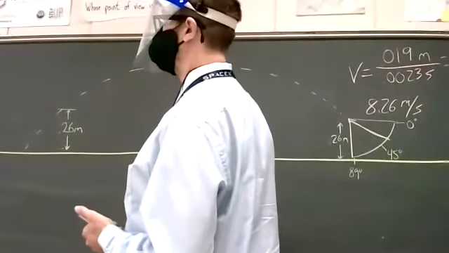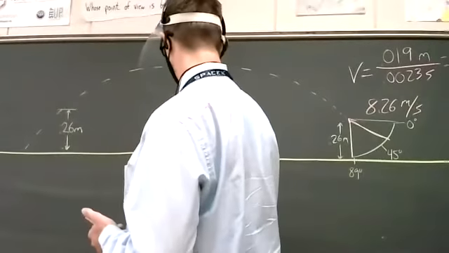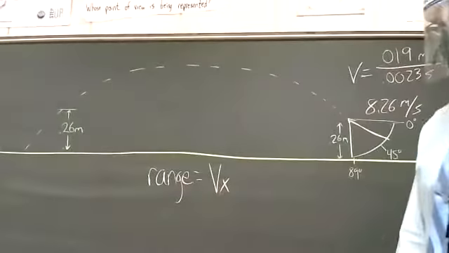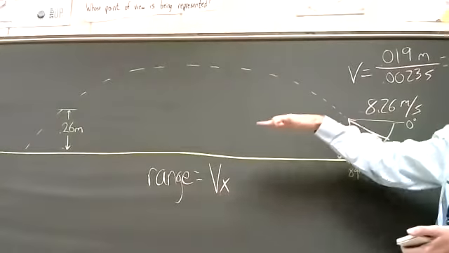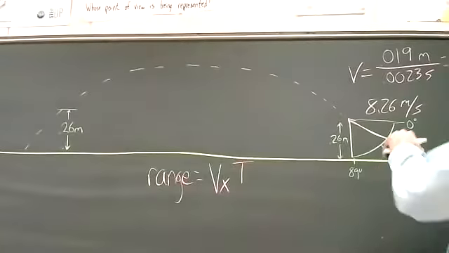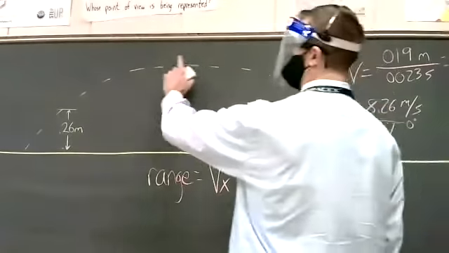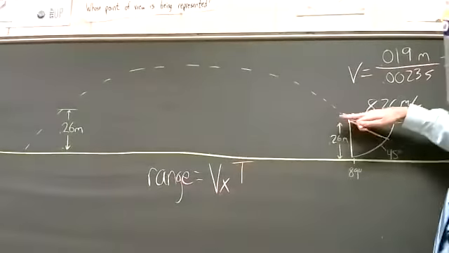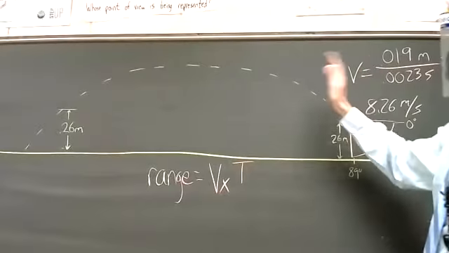So here's the physics. The range of our projectile, how far down range it will land, is equal to the x component of its velocity, like how fast is it moving sideways, times the time airborne. So it's how long gravity is allowing this thing to move sideways. The faster that you launch it upwards, the more time it's going to be airborne.